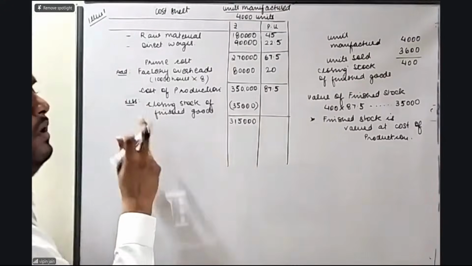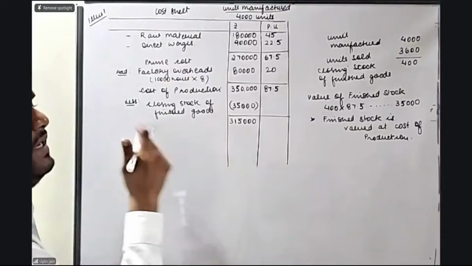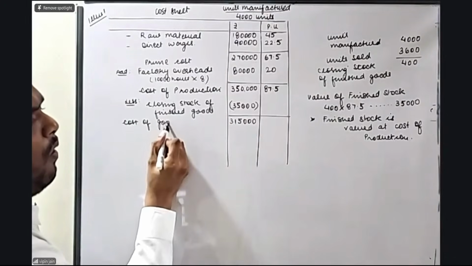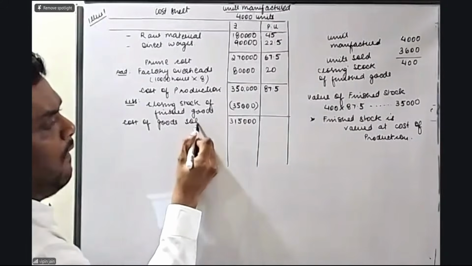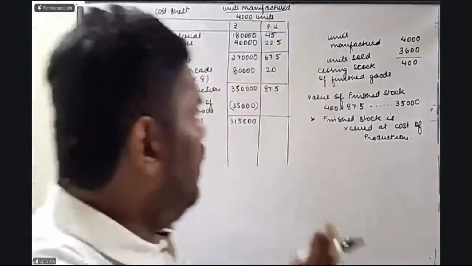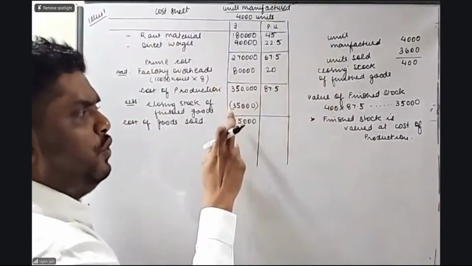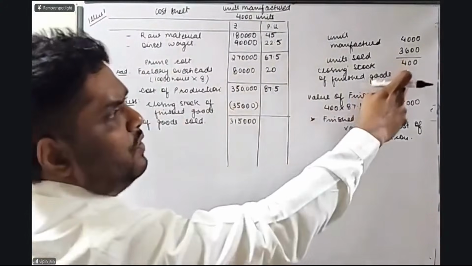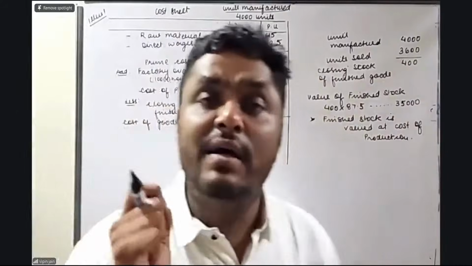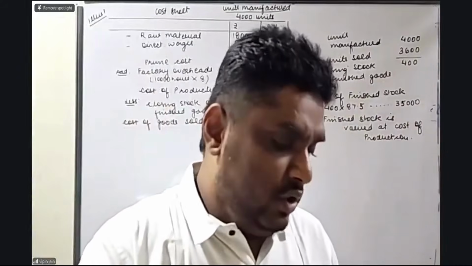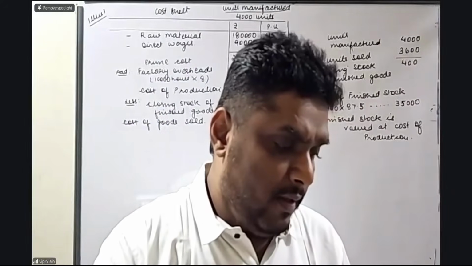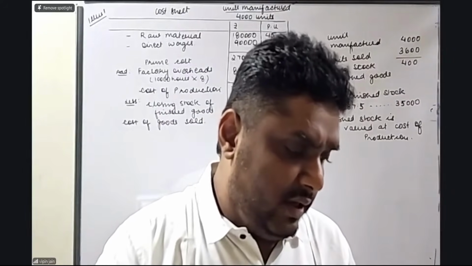This will be my cost of goods that are sold. Out of 4,000 units, the proportionate cost of 400 units is already deducted. So this will be the cost of the balance 3,600 units. So 3,15,000 will be the cost of the balance 3,600 units.